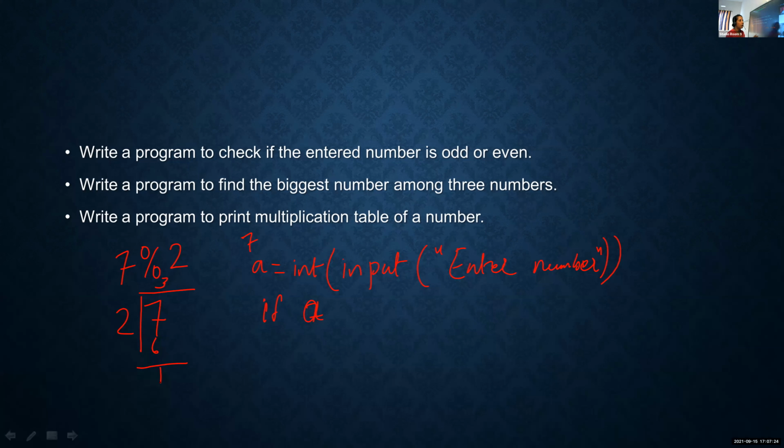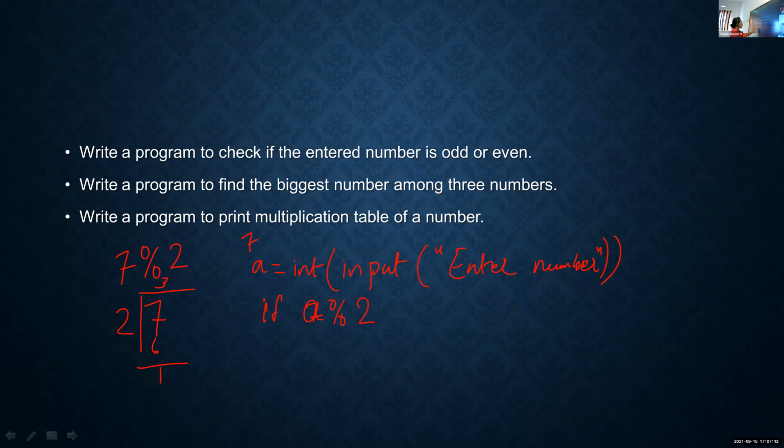So for checking if a number is odd or even, first you find the remainder. For finding the remainder, we use the modulo or remainder operator. So you write the condition like this: A mod 2.